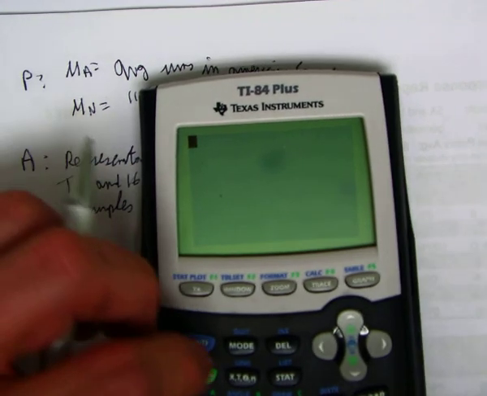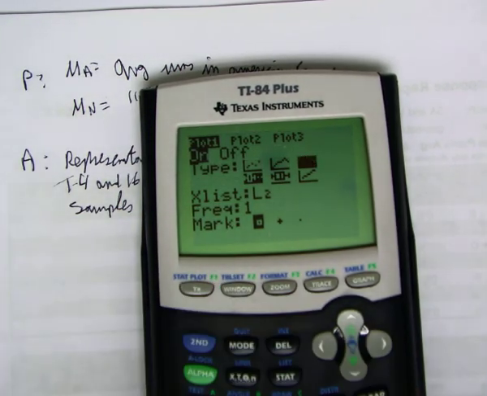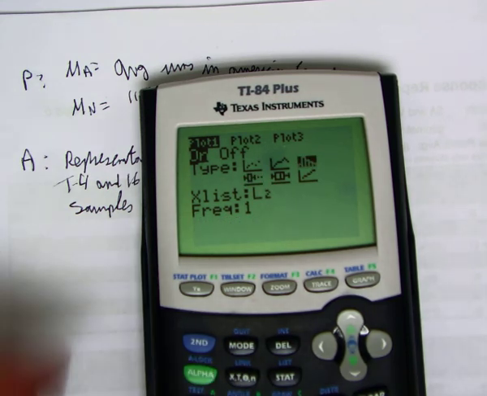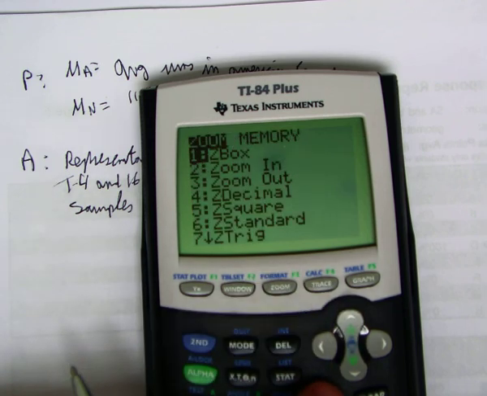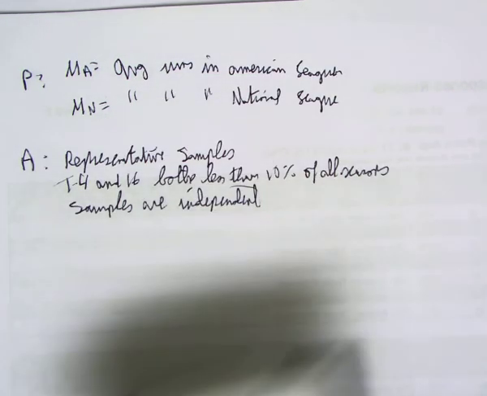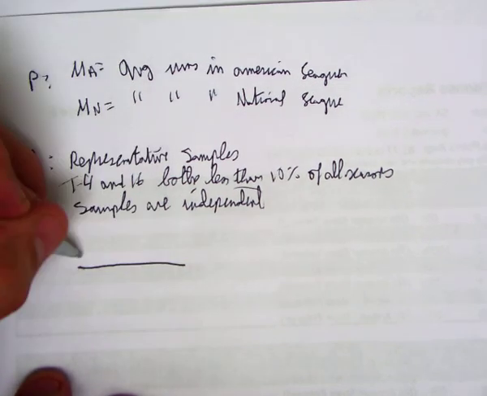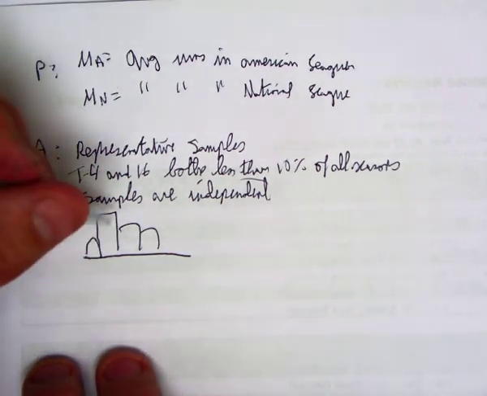So the problem is, number one, there's an outlier, and number two, the National League is skewed, right? So the National League is skewed, and it has an outlier. When we put down the American League, it looks like that. That's roughly unimodal and symmetric.